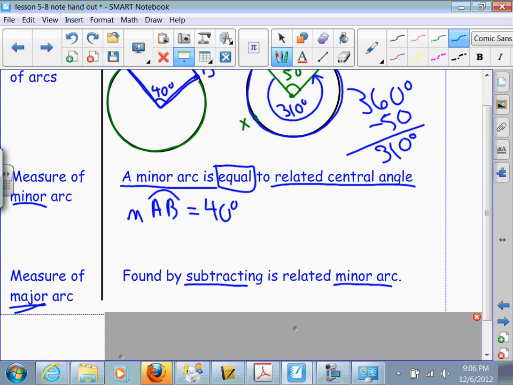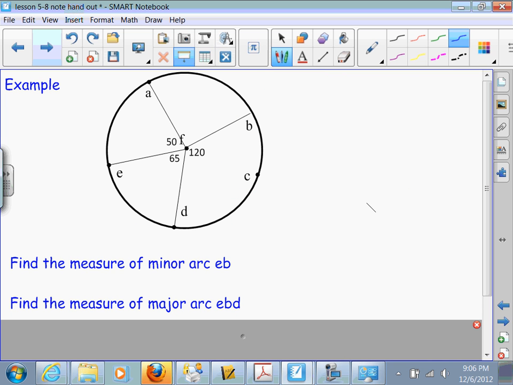So let's look at some examples. I want to find the measure of minor arc EB. Minor arc EB is here. Again, if it's a minor arc, I'm labeling it with 2 letters. Now, I don't know what this angle is, because usually I would take 50 plus whatever this angle is and add them up.